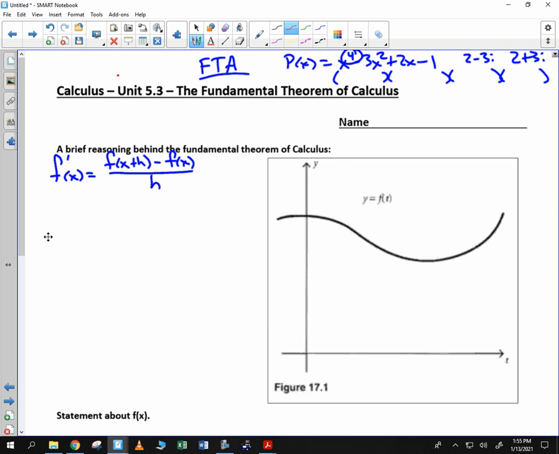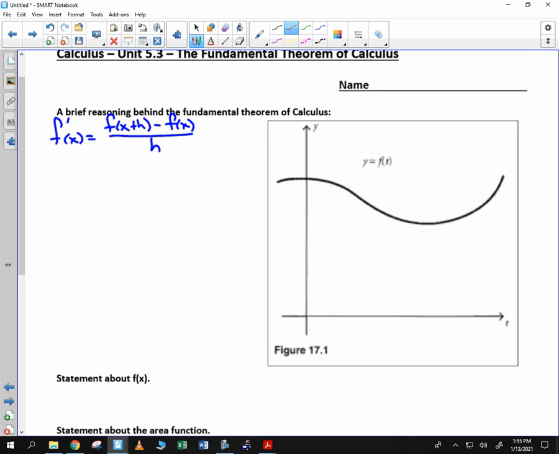So what I'm going to do here is give us a reasoning behind why the fundamental theorem of calculus is what it is. And the fundamental theorem of calculus has to do with not derivatives, but integrals and area. And so I'm going to start here at this spot. We're going to call this a.